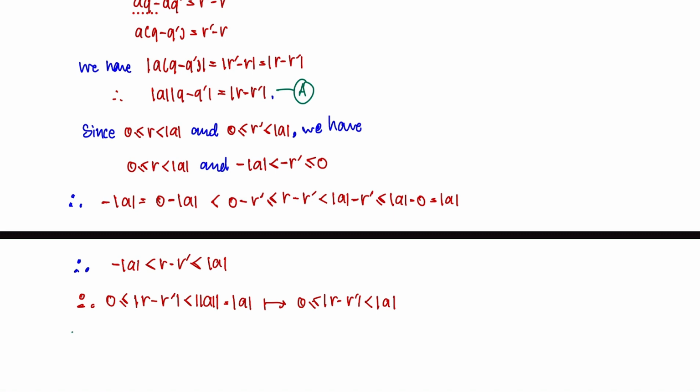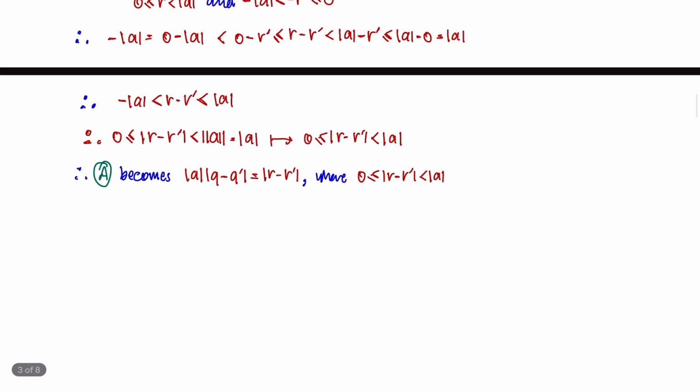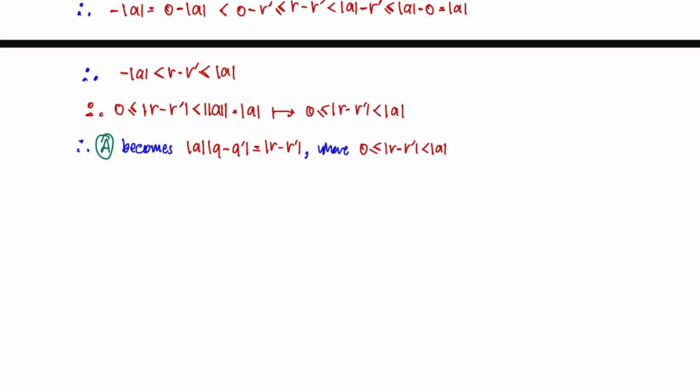So equation A, what does it become? It becomes absolute value of A, absolute value of Q minus Q prime equal to R minus R prime, where absolute value of R minus R prime is greater than or equal to 0, less than absolute value of A. Now what happened to this equation?